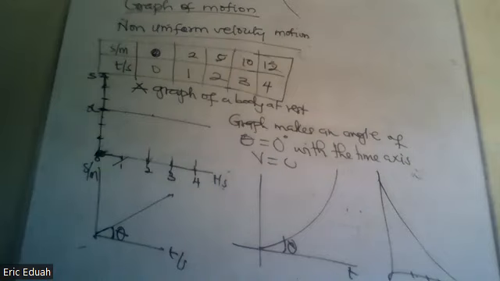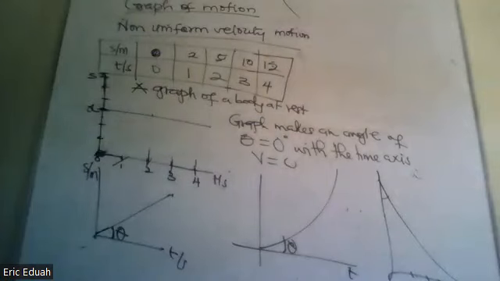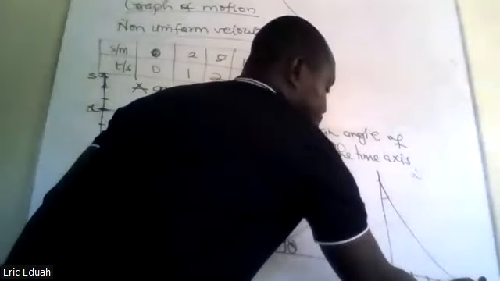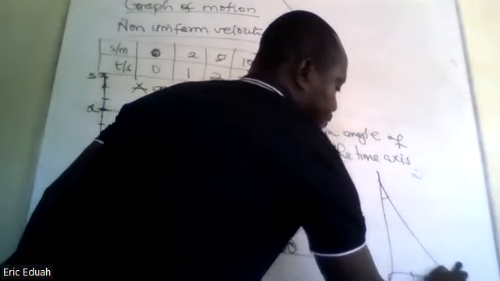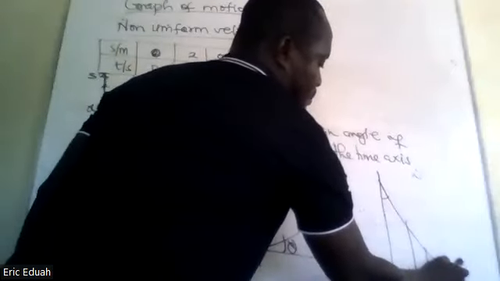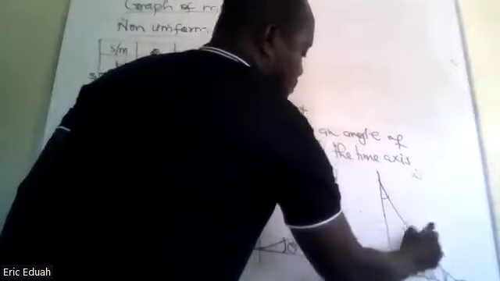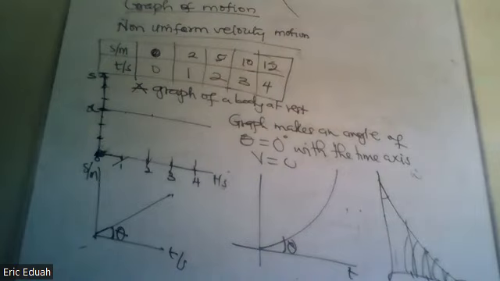So the velocity would be decreasing, a deceleration. Let's look at it this way. This is also an increasing situation with the time axis, but in the opposite direction. That's why it's a deceleration.